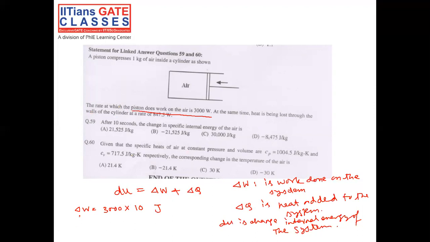And the heat which is being lost through the wall of the cylinder is 847.5 watt. As this heat is being lost, this will be minus 847.5. And this is happening for 10 seconds. So the total heat lost is this much joule.